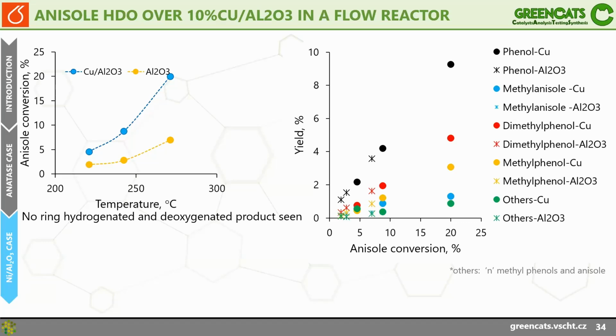And what is quite nice here is that when you look at the points obtained with copper, that's the circles, and with alumina, that's this asterisk here, they follow the same trend when plotted versus the conversion. So this is a way that we could improve the performance of alumina alone to yield these type of products.